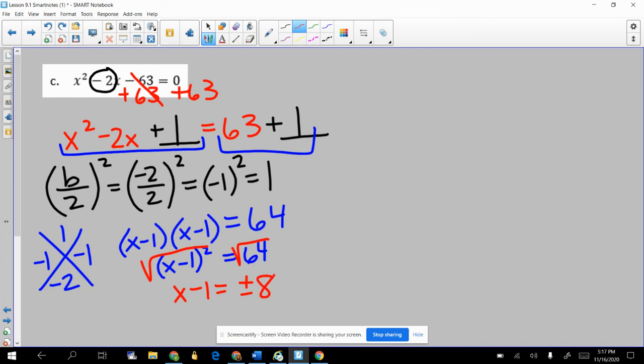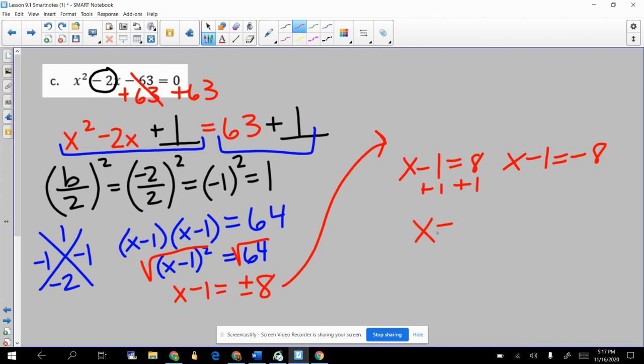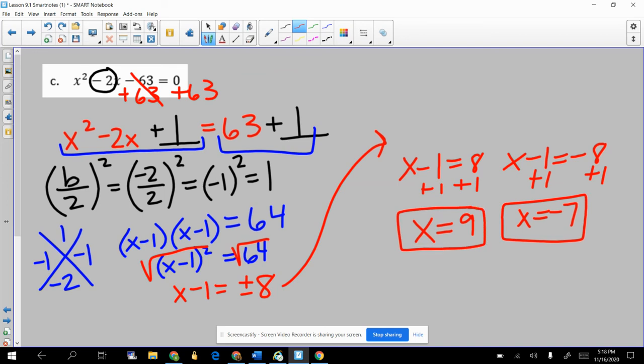Here's where you want to split it up to be x minus 1 equals positive 8 and x minus 1 equals negative 8. I would add the 1 over to solve for x in each of these. And I get x equals 9, and x equals negative 7. And those are my 2 solutions.